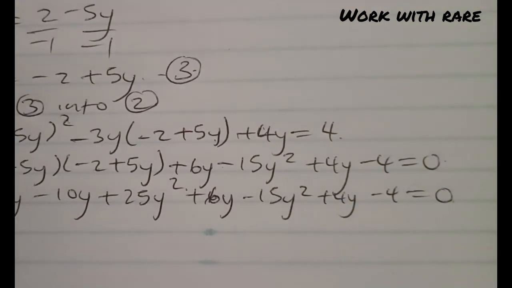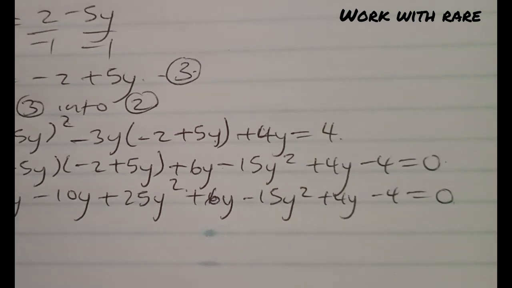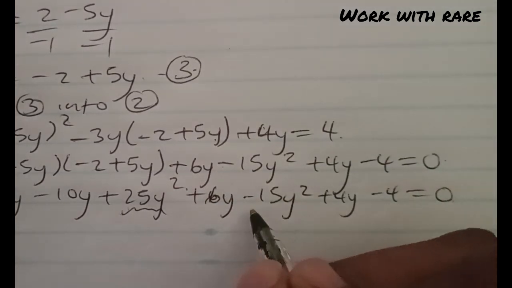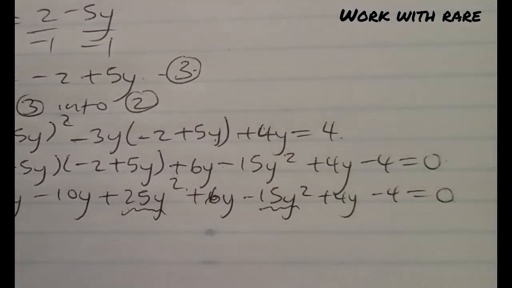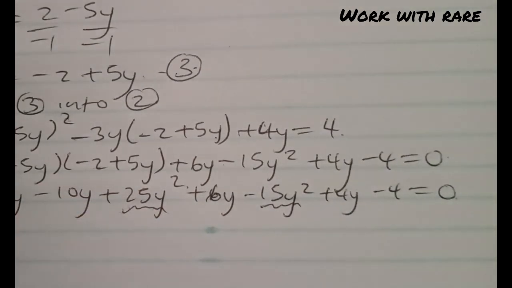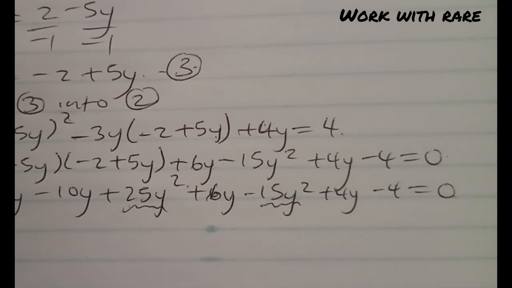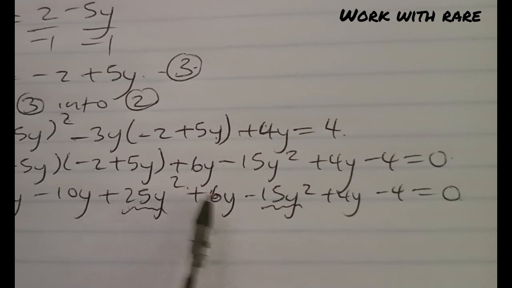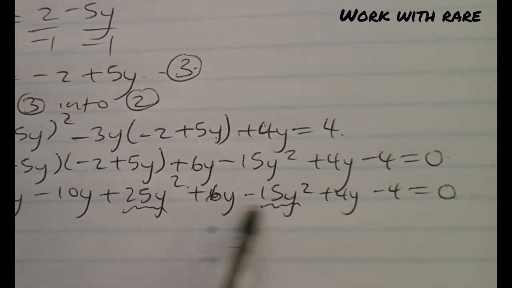Now it's time to collect the like terms, but remember we have to write this in standard form, meaning we'll start with the y squared. So 25 minus 15 is 10, so we have 10y squared. Now we'll say negative 10y minus 10y plus 6y plus 4y, and see how much we get.